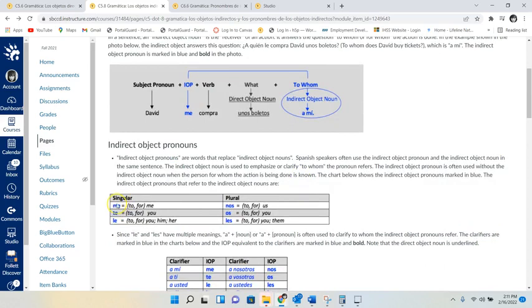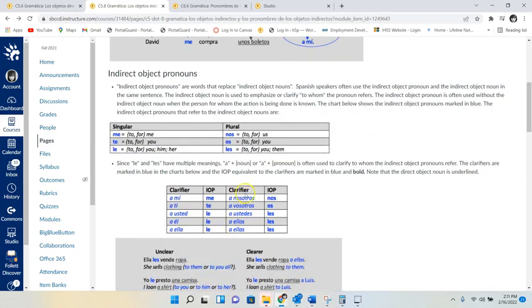So in this case, when you replace your indirect, you go me, te, le, nos, os, les. And again, with indirect object pronouns, you normally need a clarifier. So to clarify the me, it would be a mí; te, a ti; le, a usted, a él, and le also goes for a ella.